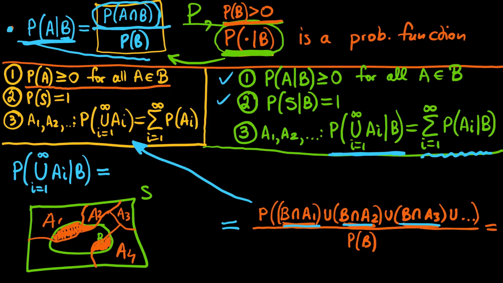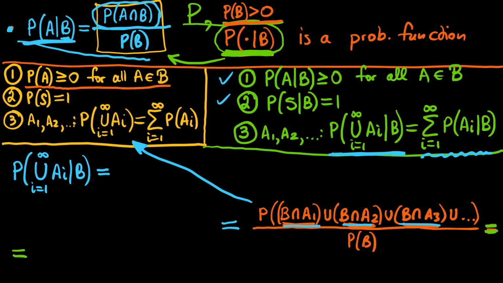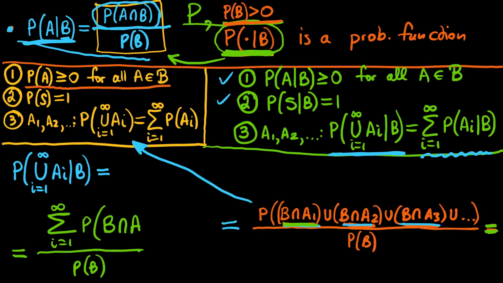Because we have disjoint sets, and we're looking at the union of these disjoint sets, and we're told by the axiom that it will be the sum of the probability of each set. In the denominator we still have the probability of B, but in the numerator now we have this summation, from 1 to infinity, of the probability of B intersection with Ai.